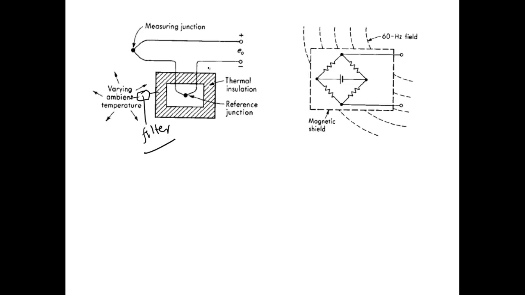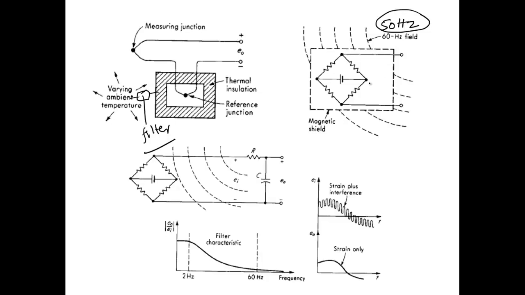Similarly, you can put a magnetic shield on a strain gauge, the strain measuring instrument. So if you put a magnetic shield, the 60 hertz or 50 hertz AC field would not have any impact on the change in the voltages here. So obviously we will have proper measurement. This is again filtering done here.